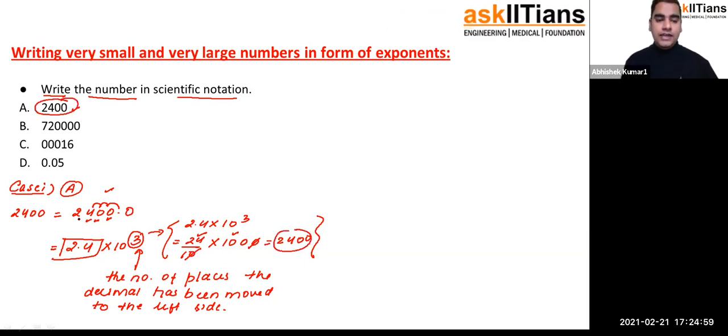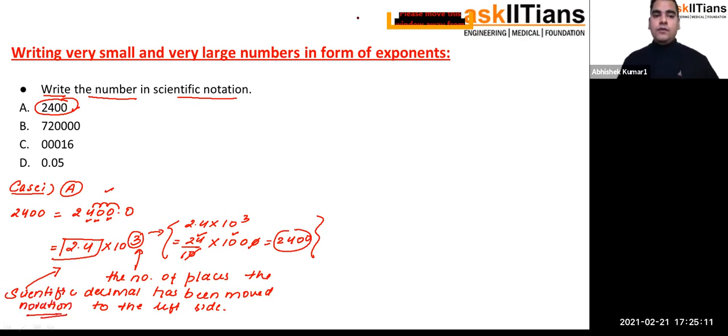So this form that we have got here is the scientific notation, or the scientific form, or the standard form. Is that clear to everyone what we have to do whenever we have to convert any number into the scientific form?